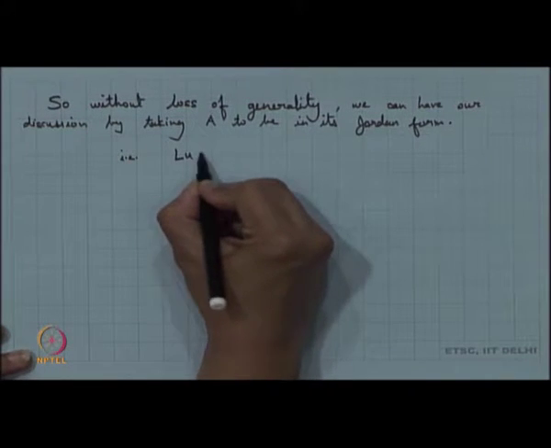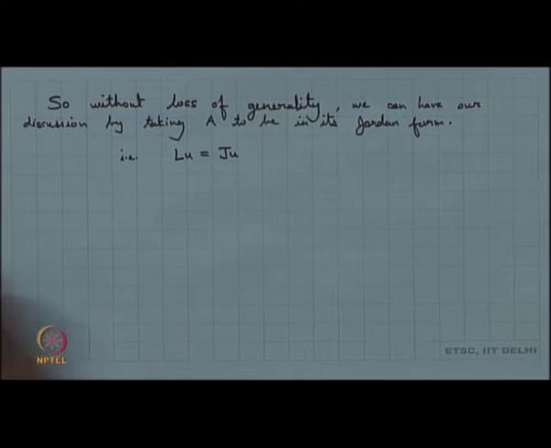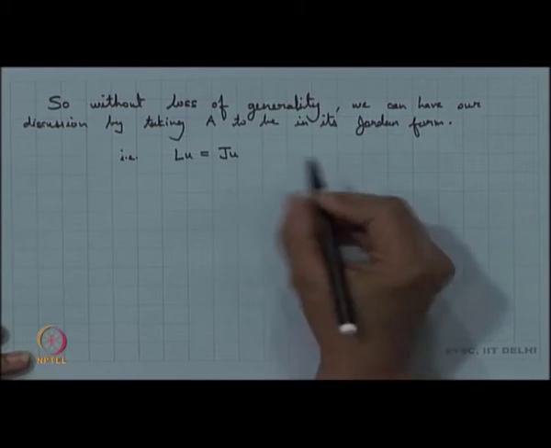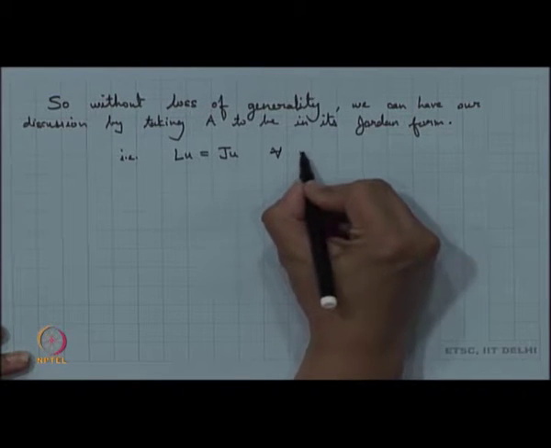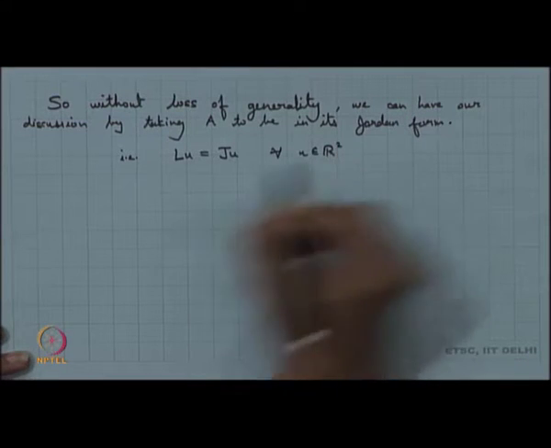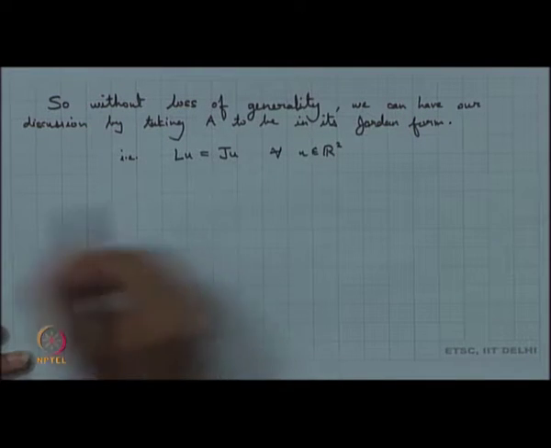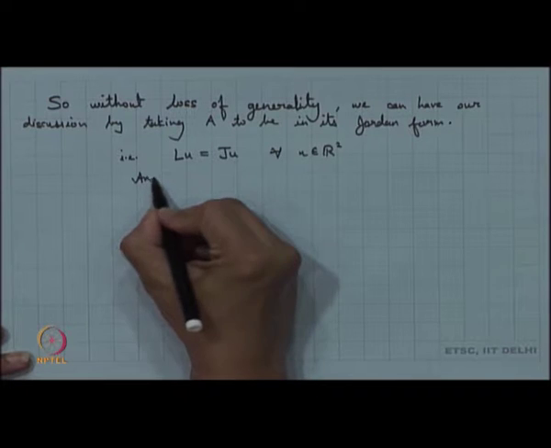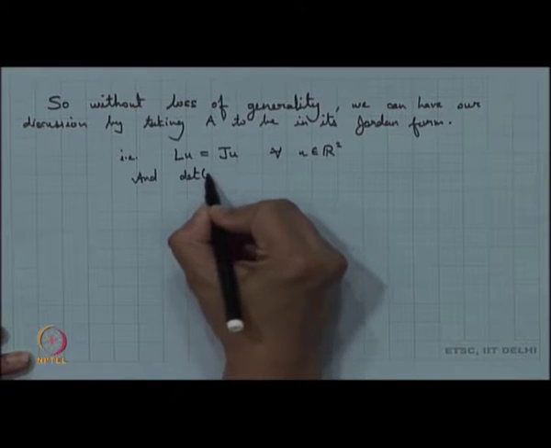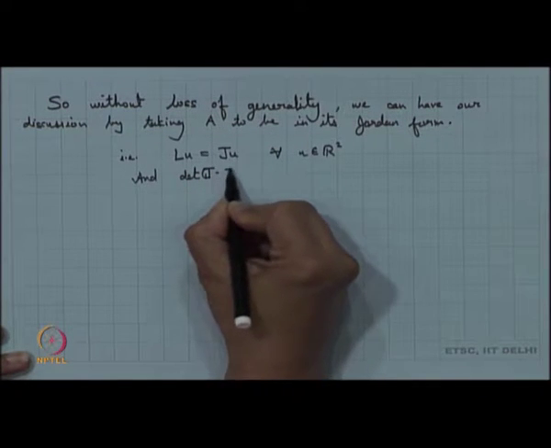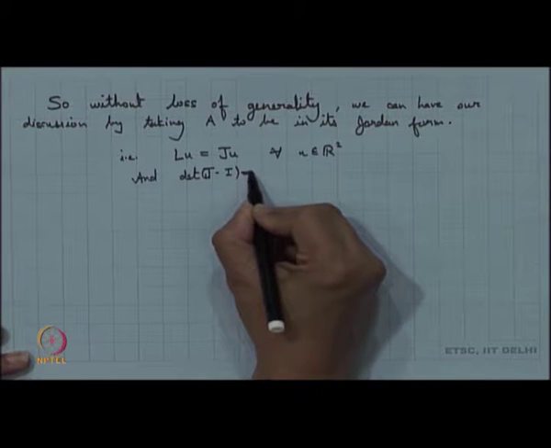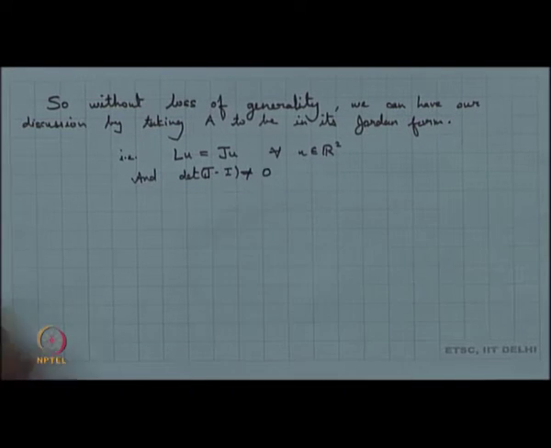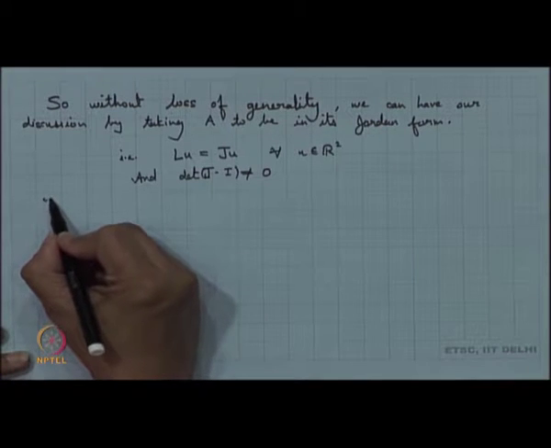So our L u is basically J u, where J is a Jordan matrix for every u in R square, and other than that we are putting up the condition that determinant of J minus I is not equal to 0, that means J minus I is invertible, and that means that 1 is not an eigenvalue.